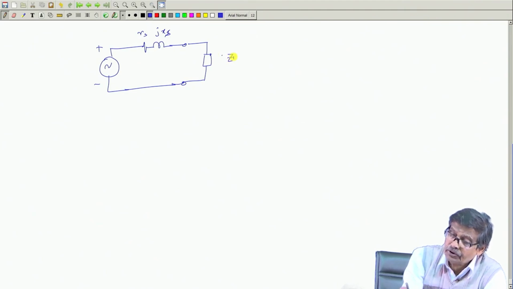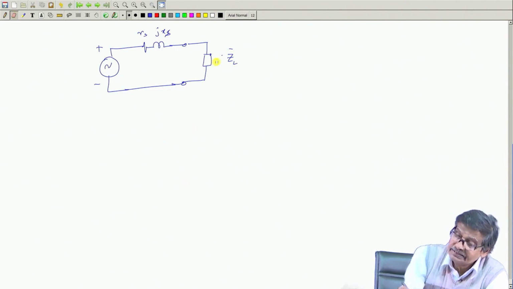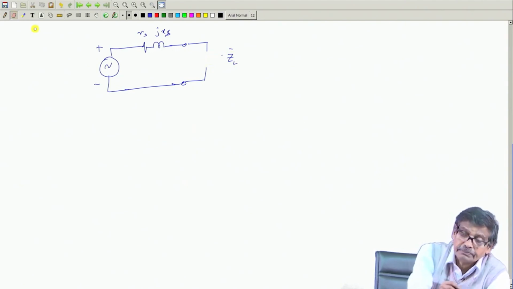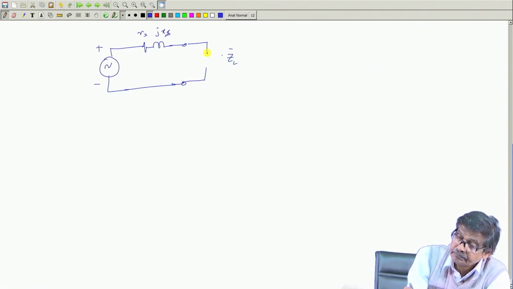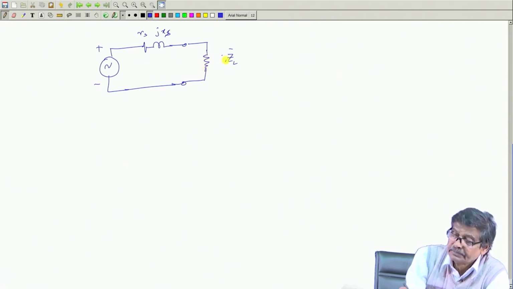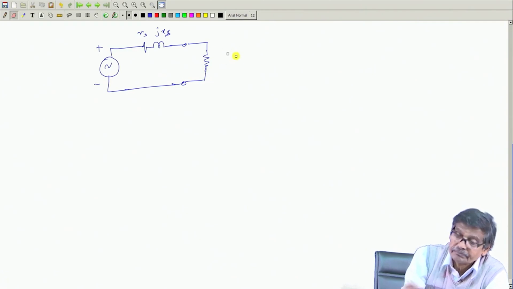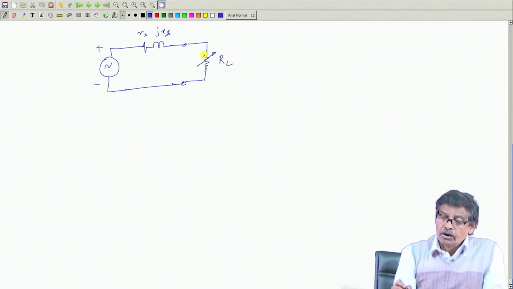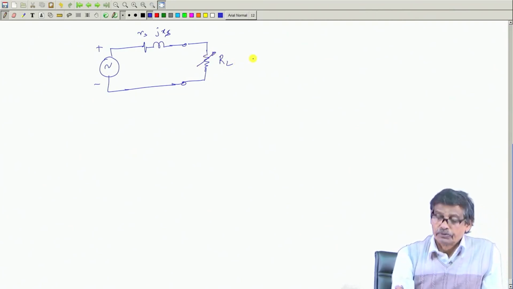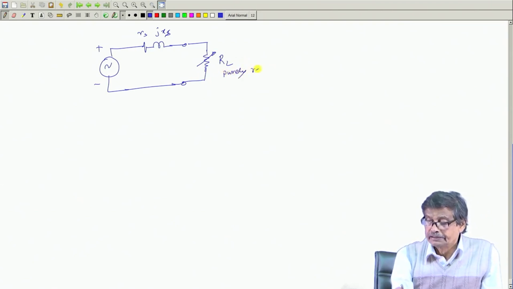Z is the load impedance. Suppose I say load impedance is such that it is purely resistive, that is only RL, only RL is connected and I will vary this. Purely resistive load.